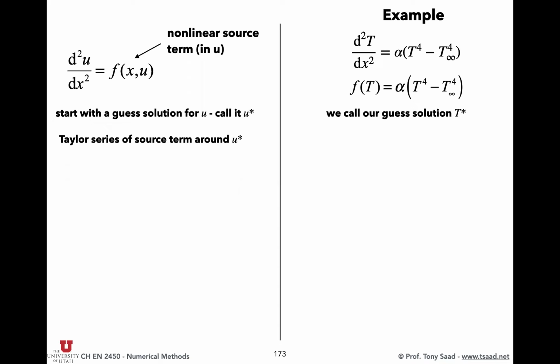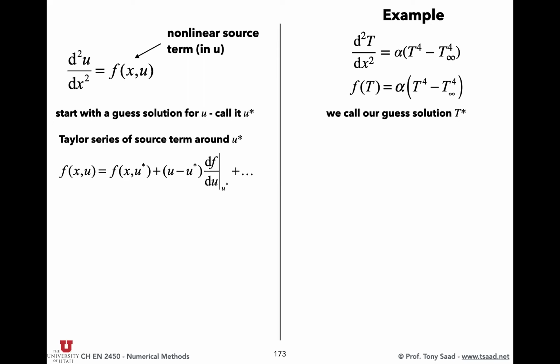Now remember, the Taylor series was our preferred method to linearize a nonlinear equation, and that's what we're going to do here. So if the source term in general is f of x,u, you're writing the Taylor series around u star, so you're only taking derivatives with respect to u, not with respect to x, okay? So you get f(x,u star) plus u minus u star times df by du, you're differentiating with respect to u, right?